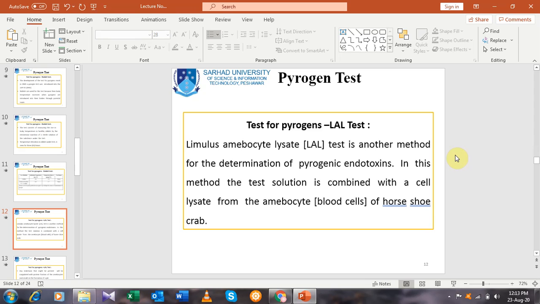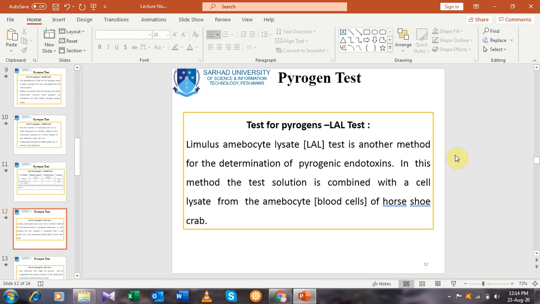Another test for pyrogen is also termed the LAL test, and remember that it is an in vitro test. LAL stands for Limulus Amebocyte Lysate. That is one of the other methods of the pyrogen test, by which we determine the pyrogenic endotoxin in sterile products.